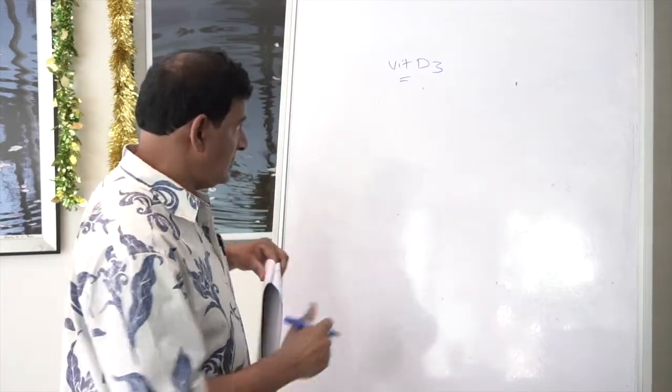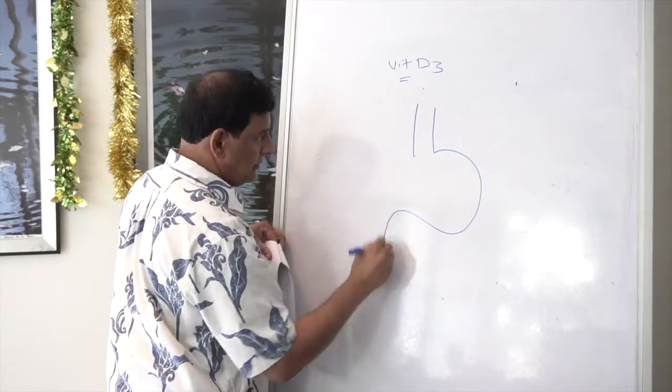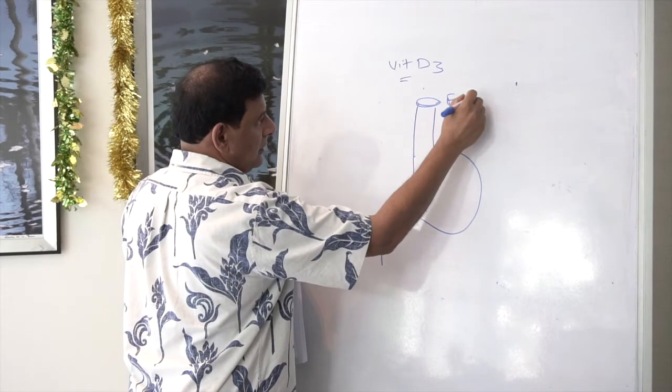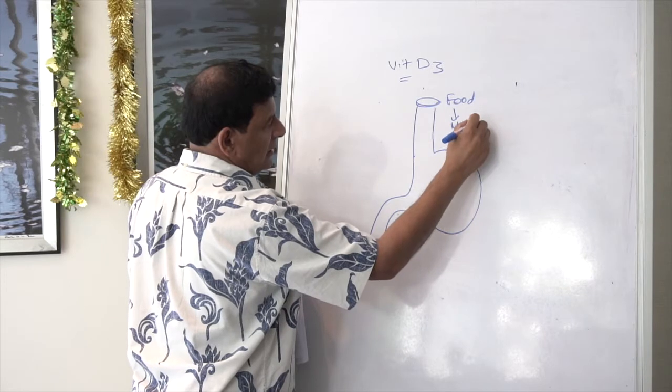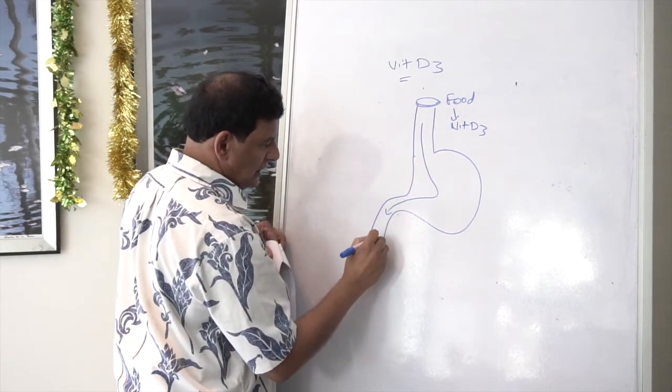So the way to see it is, you draw this diagram in front of a client, and he's eating food, and is supposed to absorb vitamin D3. So it is getting digested, and he's supposed to absorb D3.